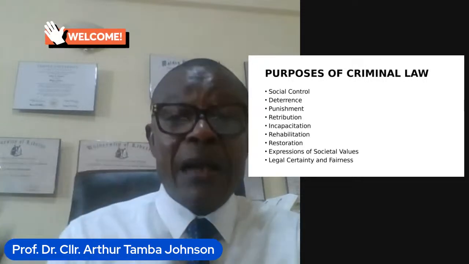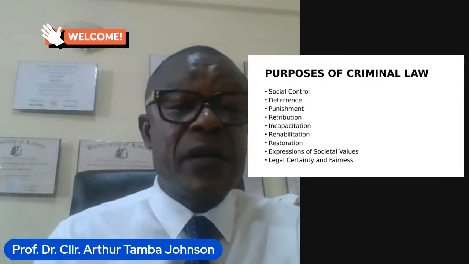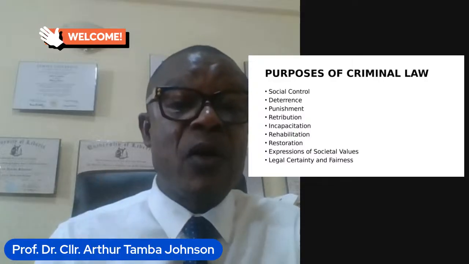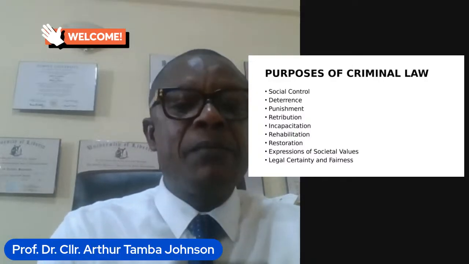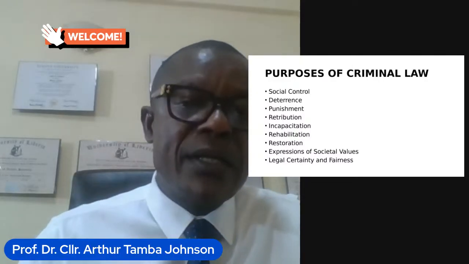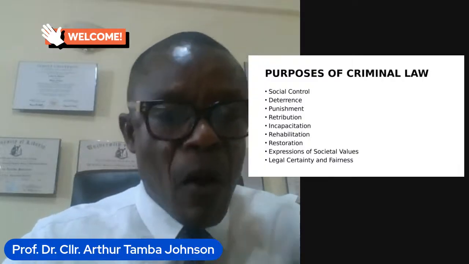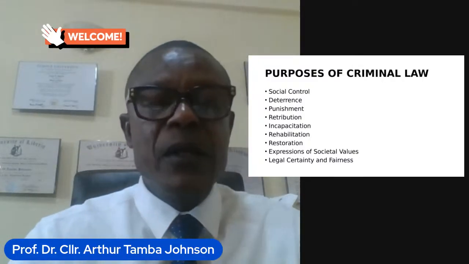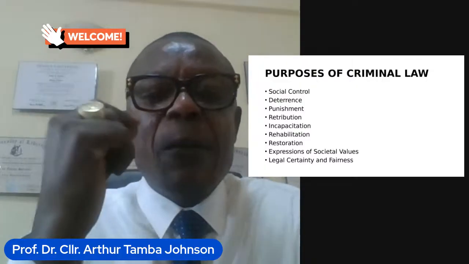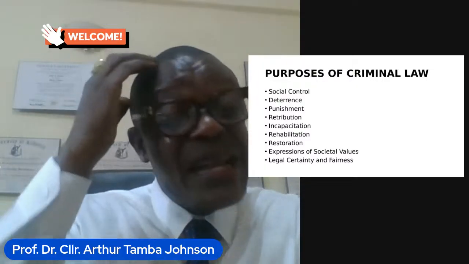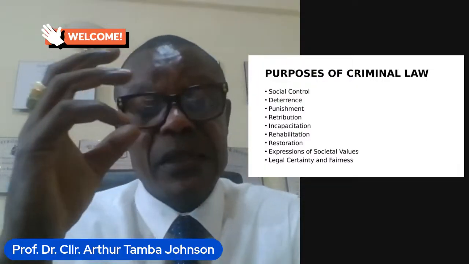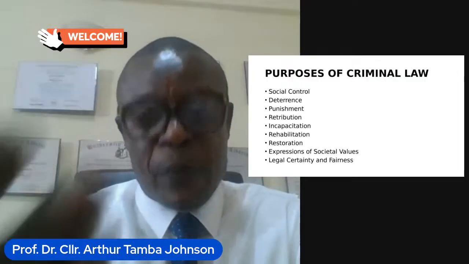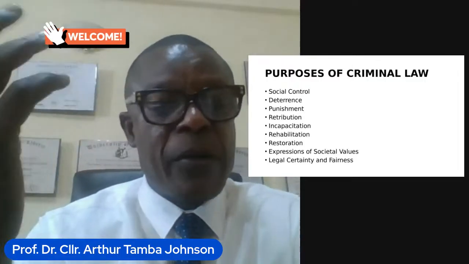Even when the atmosphere presents itself for the commission of the crime, they will be discouraged because they saw that somebody had been punished. So we call that general deterrence. But for the purpose of this course, we will just say deterrence. So the second purpose of criminal law is to punish in order to discourage people from committing criminal acts.